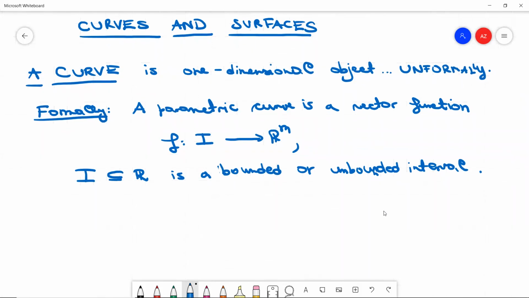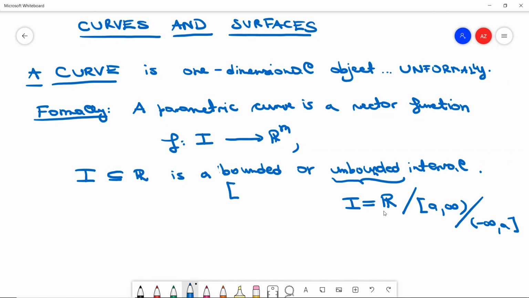Unbounded means that it could be, for example, the real numbers, or it could be a half line of this form. And a bounded interval means that it's just an interval from A to B.